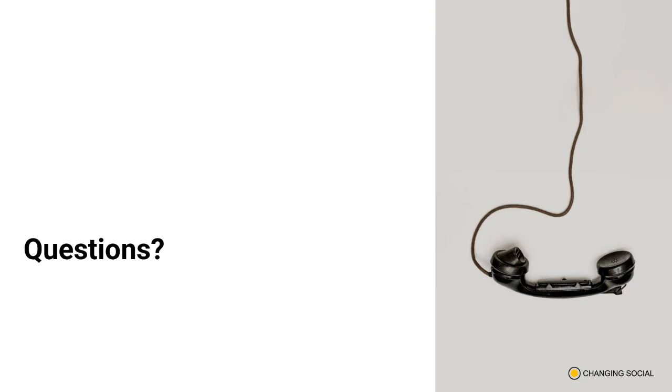For smaller businesses, it might feel like a bit of a maze, especially if there's just a handful of people, or even just one person working on AI governance. But there's so much guidance out there to help you navigate what might look quite intimidating at first. And that's definitely something that we're here to support with at Changing Social, and we can help you through that journey.